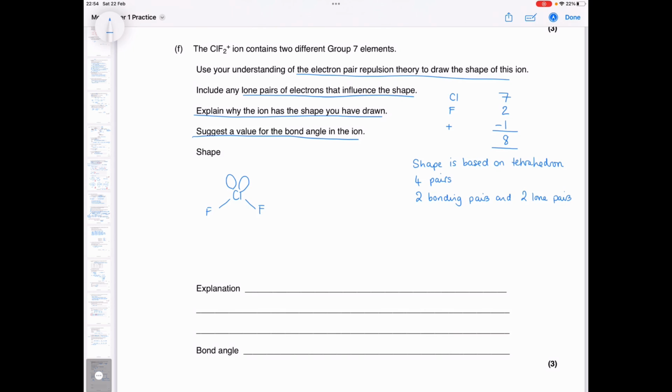So the explanation is the molecule has 2 lone pairs and 2 bonding pairs.